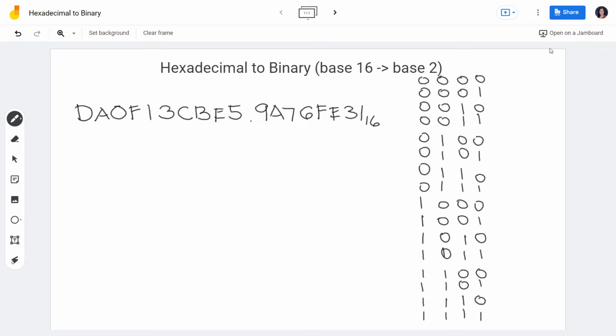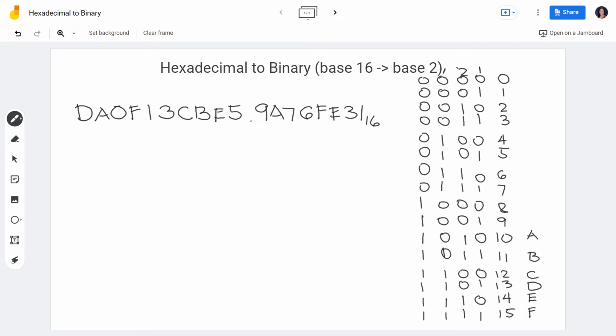And then let's put the equivalent values: 0, 1, 2, 3, 4, 5, 6, 7, 8, 9, 10, 11, 12, 13, 14, and 15. So 10 is for letter A, 11 is B, 12 is C, 13 is D, 14 is E, and 15 is F. So are the values correct?